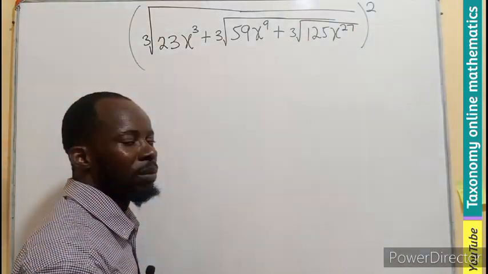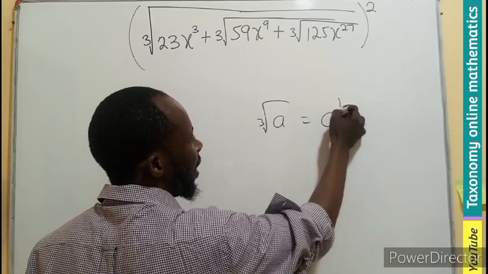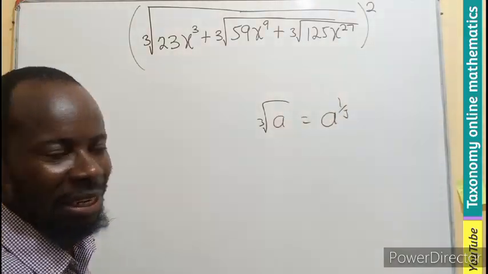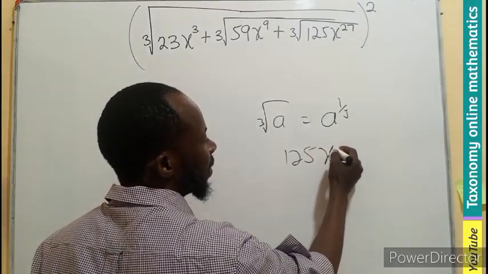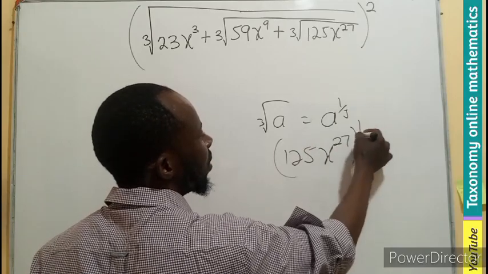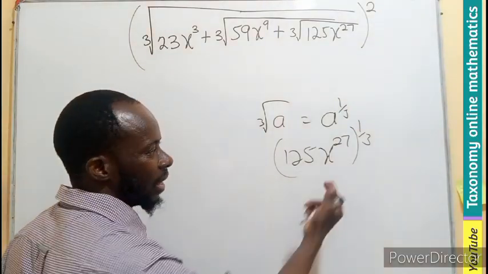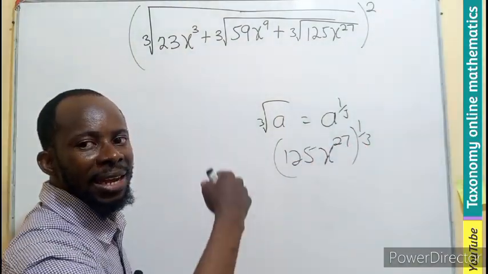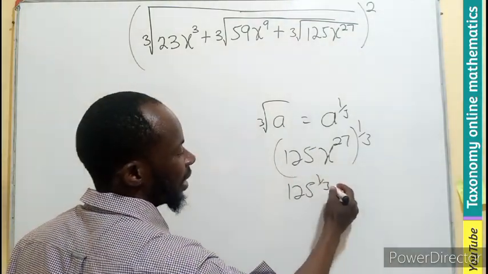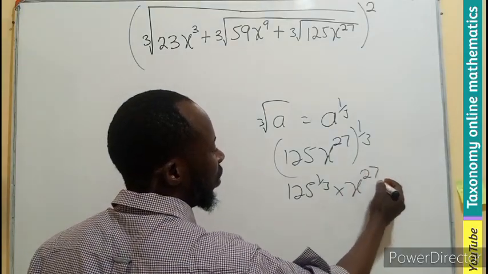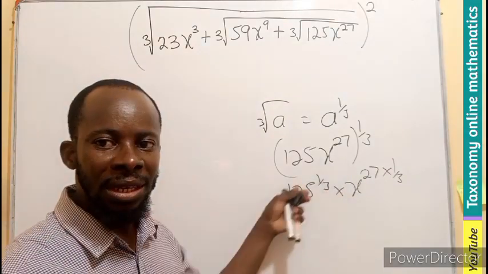If you can remember from indices, a cube root of a is a exponent 1/3, meaning this is going to be 125x exponent 27 all to the power 1/3. You can also remember that if I have two numbers multiplying, we distribute the power on each of them, meaning 125 exponent 1/3 times x exponent 27 times 1/3.